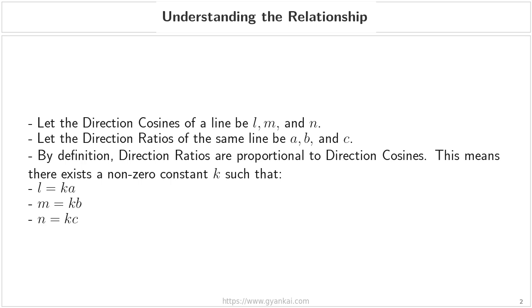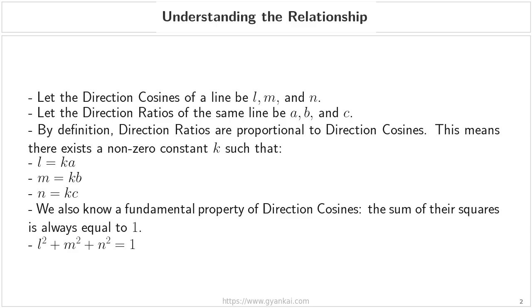The key to our entire derivation lies in the definition of direction ratios. As I mentioned in the previous slide, direction ratios are proportional to direction cosines. In mathematical terms, this means there is a non-zero constant, which we'll call k, that links them together. Specifically, l equals k times a, m equals k times b, and n equals k times c.